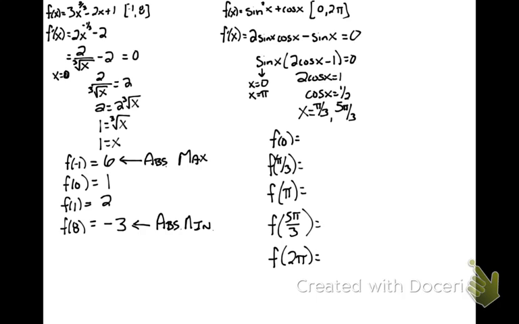So let's start with f of 0. The sine of 0 is 0. 0 squared is 0. The cosine of 0 is 1. So f of 0 is 1.